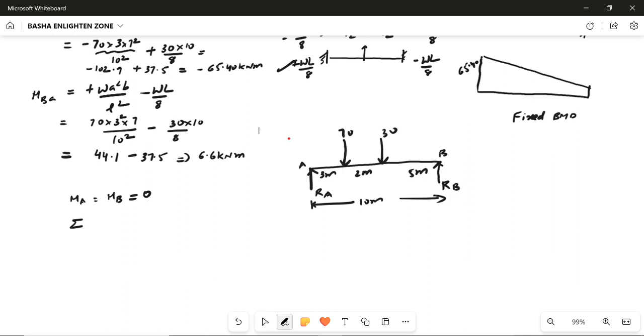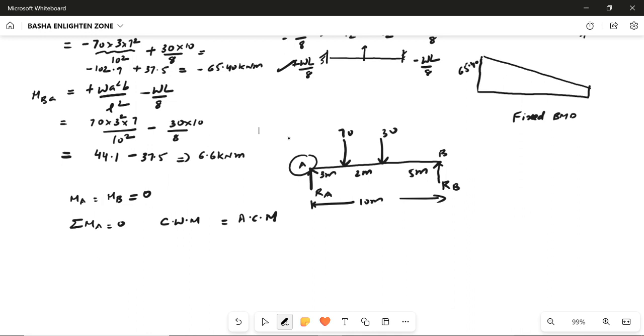So sigma MA will be equal to 0. I am resolving the total moments about the span to be equal to 0. Otherwise you can do it like this also, sigma MB equal to 0. I am taking clockwise moments on one side and anti-clockwise moments on the other side. What are the clockwise moments acting on the span?